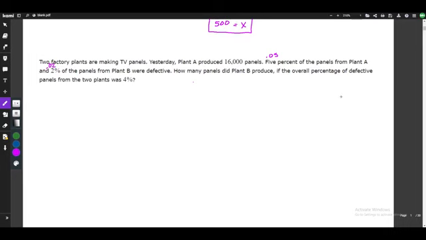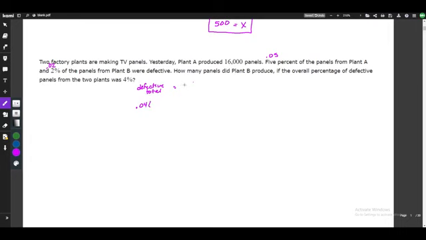How many panels did plant B produce if the overall percentage of defective panels from the 2 plants was 4%? So defective total equals, so that's going to be 4%, 0.04, and that is going to be plant A plus plant B.